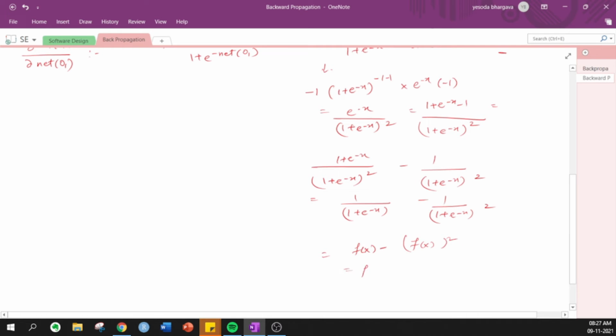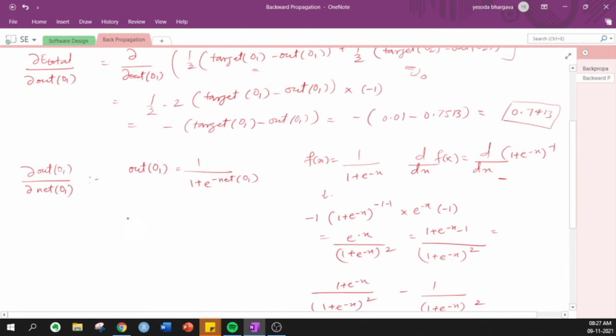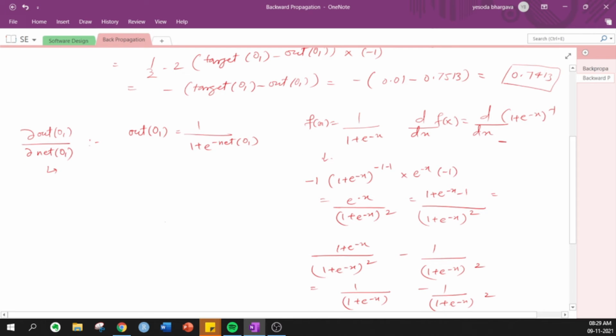If I take f(x) common, this will be f(x) into 1 minus f(x). So the differentiation of the sigmoid f(x) is f(x) into 1 minus f(x). Similarly, because output O1 is the sigmoid, when we differentiate it, it will come out to be output of O1 into 1 minus output of O1.